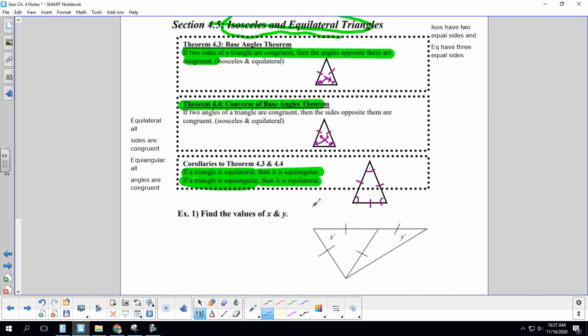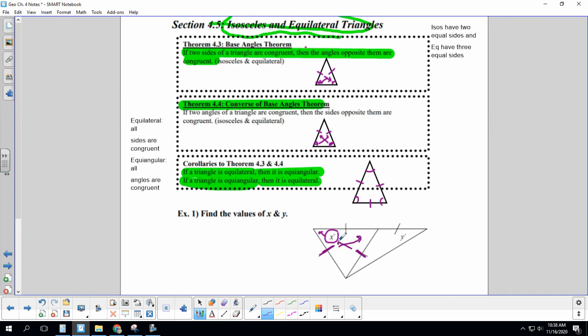Find the values of x and y. So I'm just going to use x's and y's, and then we'll fill in the blanks. If this little corner is x, then because the two sides of a triangle are congruent, the angles opposite them are also congruent.